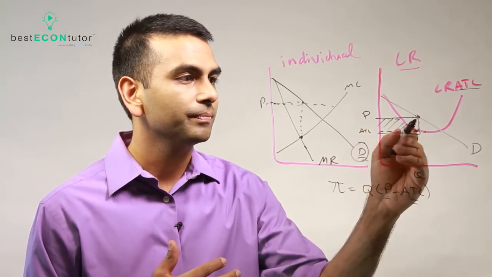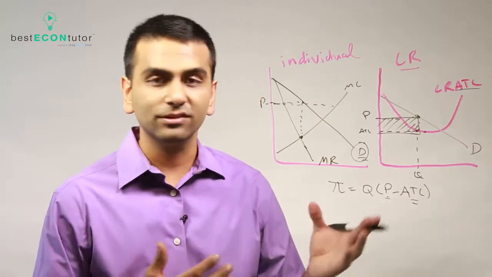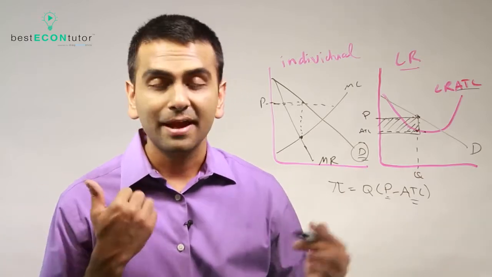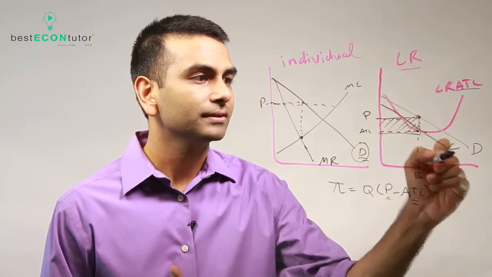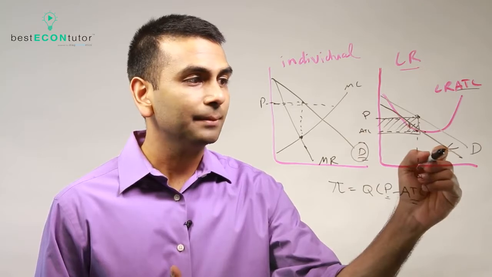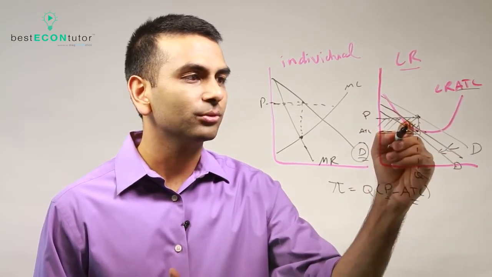So other people are going to enter. They're going to say, hey, this guy's Chinese restaurant is making profits, I'm going to open up my own Chinese restaurant. And that's going to lower your demand. So your demand shifts left, and your profits get lowered because the gap gets smaller. In fact, that keeps happening until your demand and your ATC are tangent to each other.